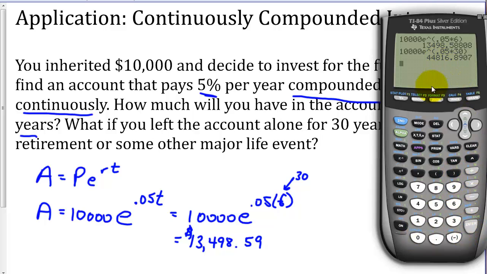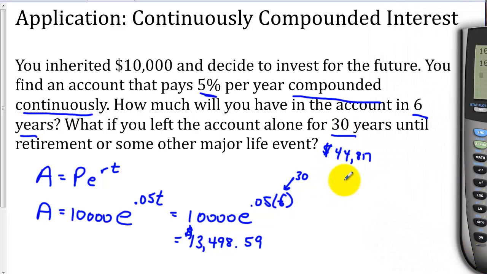And we've got about $44,817. So you can see the money, if you just let it compound, keeps growing faster and faster.